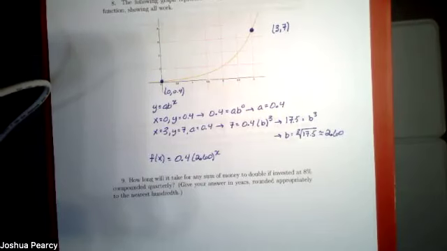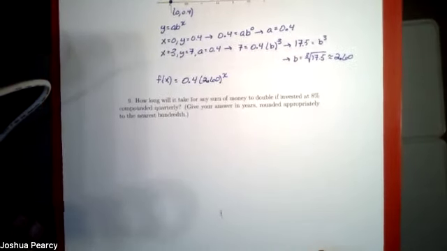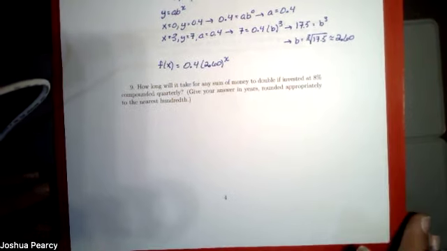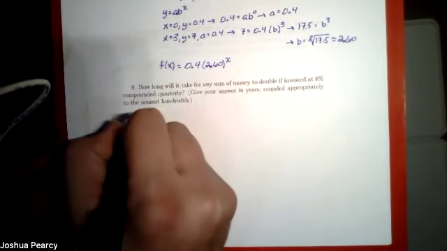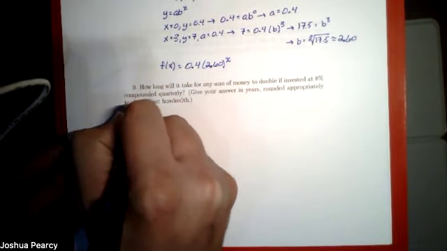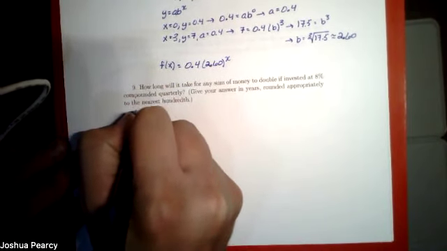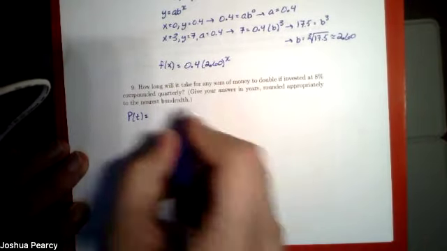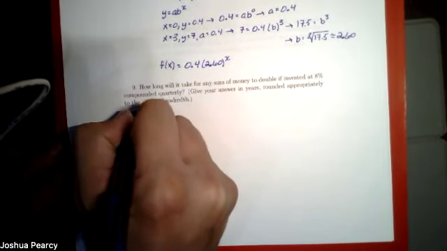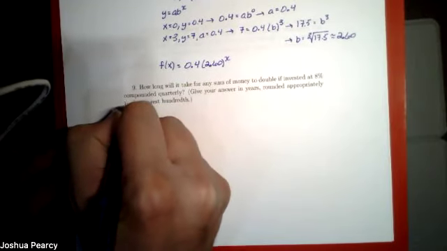All right, so now let's move on to this next question that deals with compounding interest. It says, how long will it take for any sum of money to double if invested at 8% compounded quarterly? If you're given a question like this on the test, I would remind you of what the formula looks like. Let's say A of t, because we're talking about amount of money.